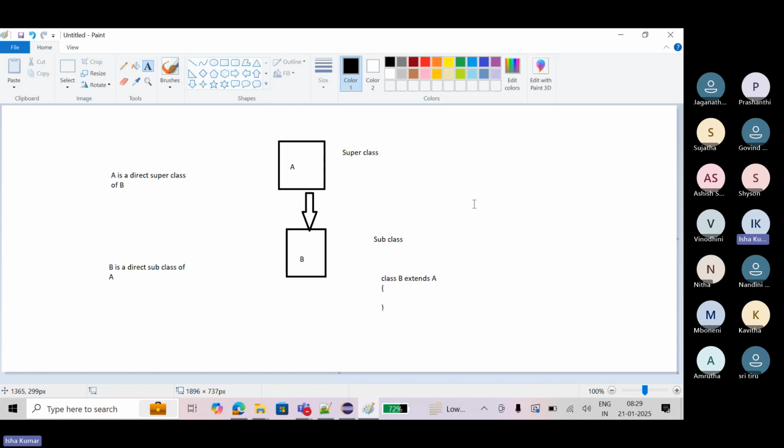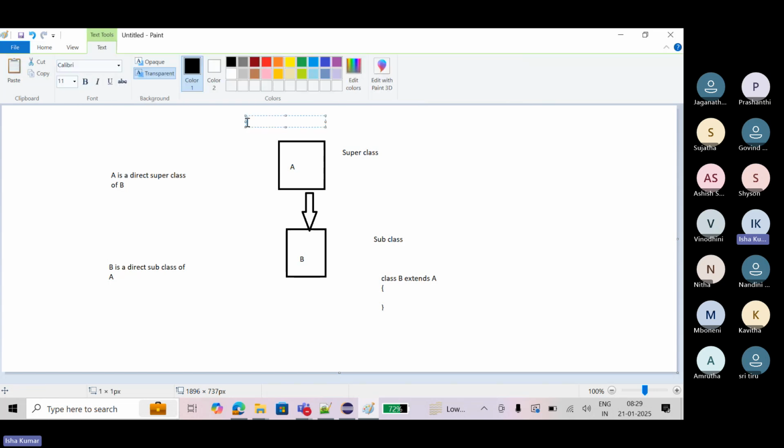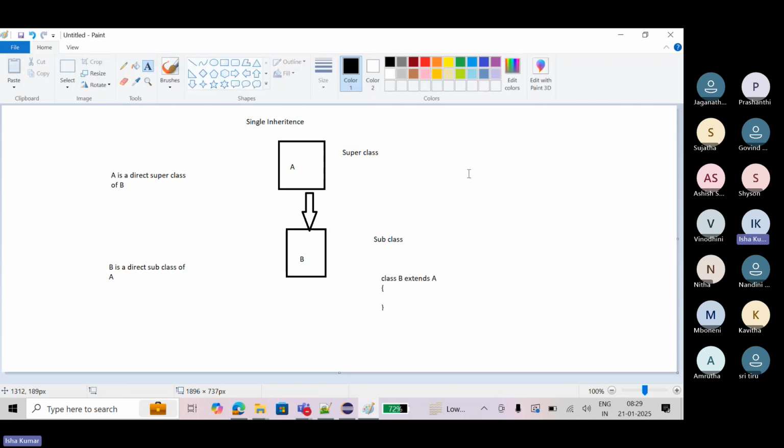So this is single inheritance. Is it clear, everyone? Yes, clear. Okay.